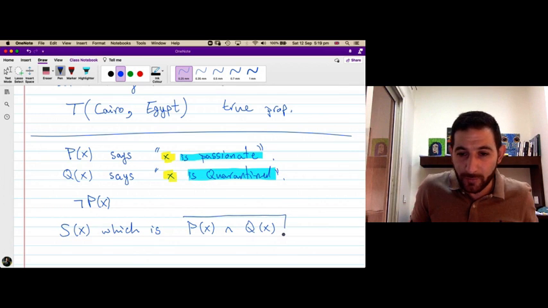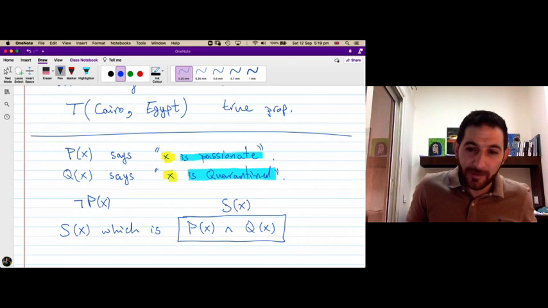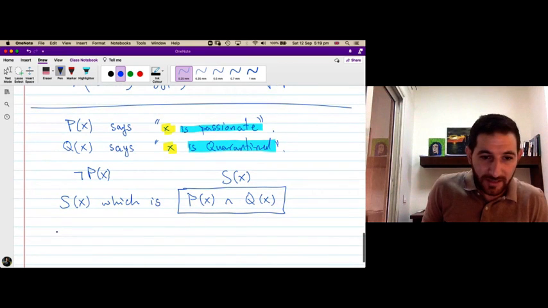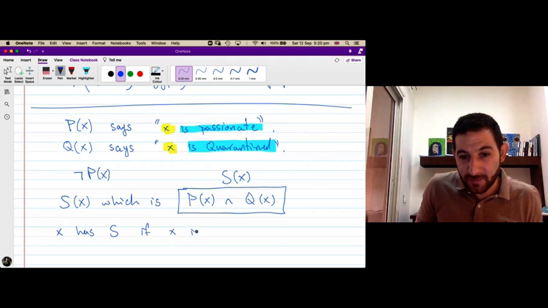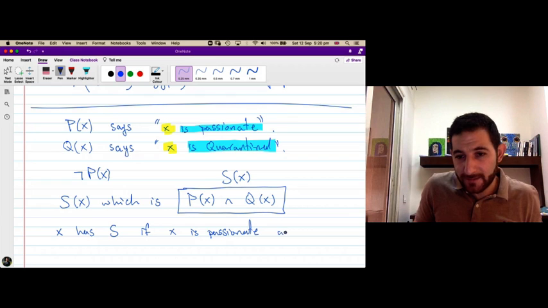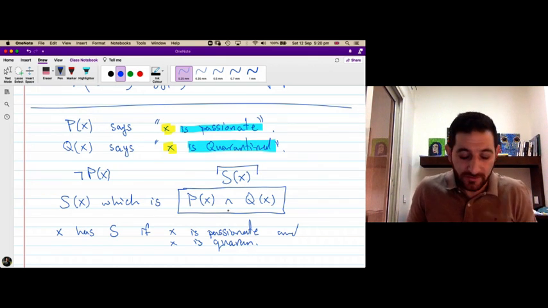We are creating a new predicate, which is the conjunction of both, and we call this predicate S of x. So x has property S means that x has property P and x has property Q. Here it means x has property S if x is passionate, has property P, and x is quarantined. So we created a new predicate, S of x, from older ones, from P and Q.